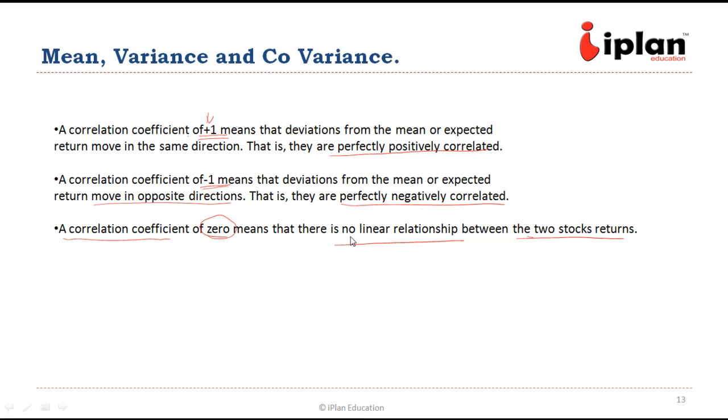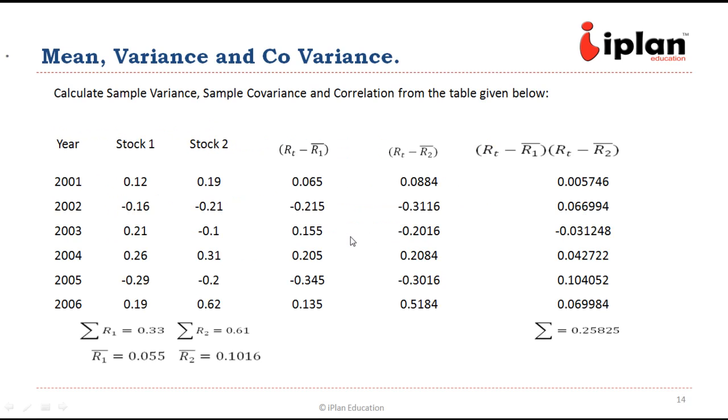Now let me take a numerical example to explain these ideas. There are two stocks and their performance over the period of these 6 years has been given. These are the returns R1, R2. Let us start with calculating the mean, which is just the average of these 6 numbers.